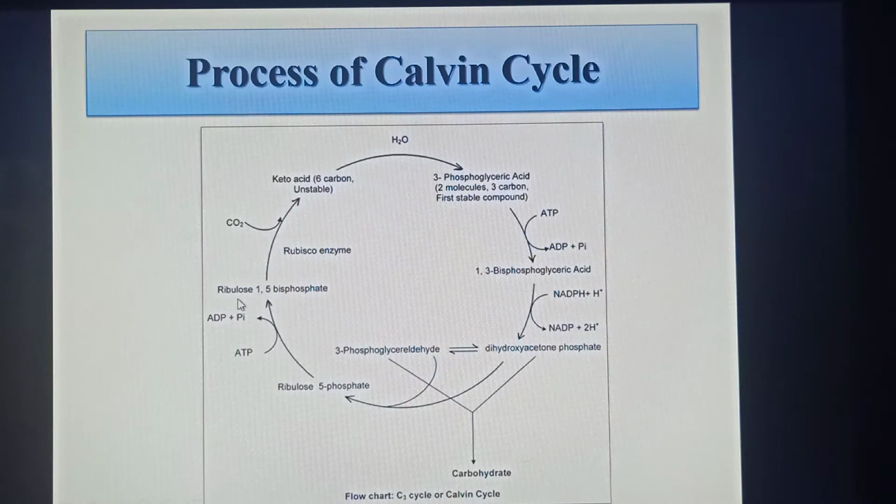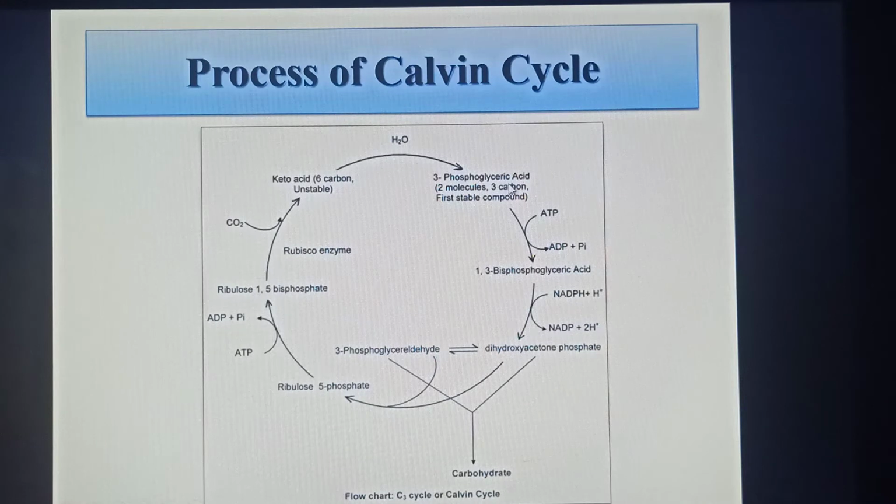Here, look, this is ribulose 1,5-bisphosphate, the acceptor of carbon dioxide. Carbon dioxide reacts with ribulose 1,5-bisphosphate and produces an unstable 6-carbon compound called keto acid, and the enzyme Rubisco helps in this reaction. Because the keto acid is unstable, it breaks down in the presence of water and produces 2 molecules of the 3-carbon compound 3-phosphoglyceric acid.